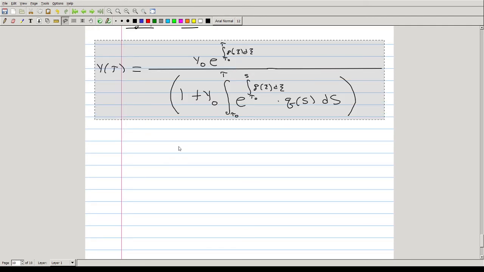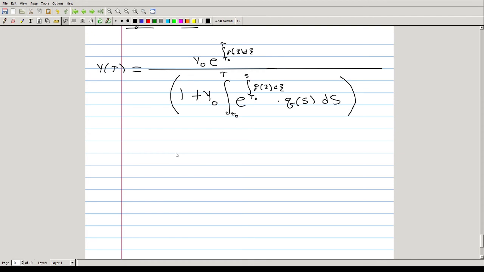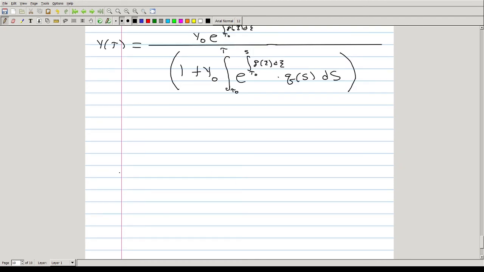And the answer to that question is much as we did before. So we know that y of tau is the same thing as p over k, because k is our characteristic population scaling factor.